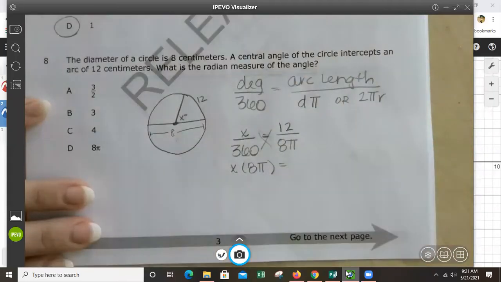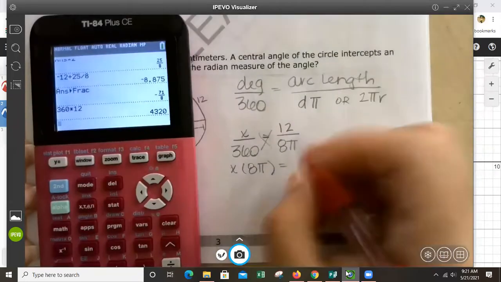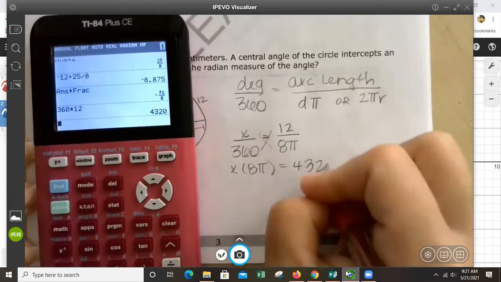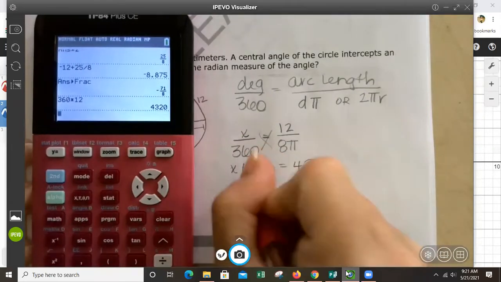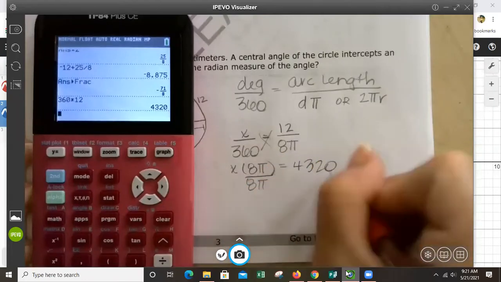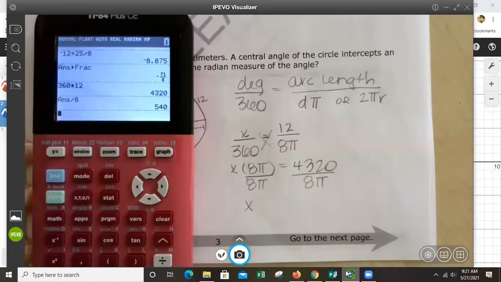So x times 8 pi equals 360 times 12. I'm going to divide by 8 pi, but again, I'm going to leave it in terms of pi. So I'm just going to divide by 8.